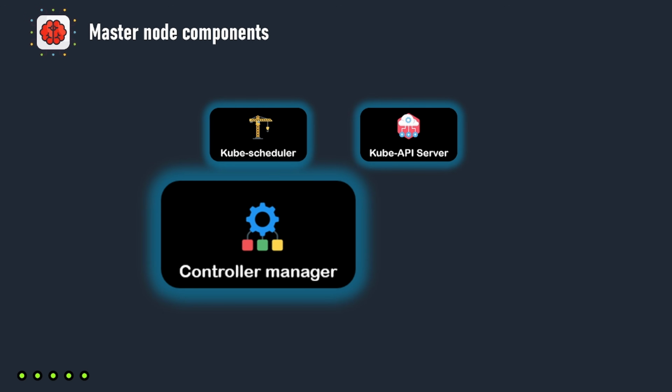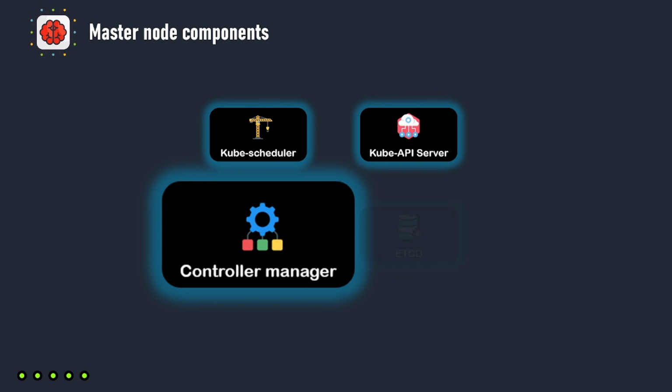There are many different types of controller, including the node controller, which is responsible for noticing and responding when a node goes down, and many other controllers like the job controller, the service account controller, and more.